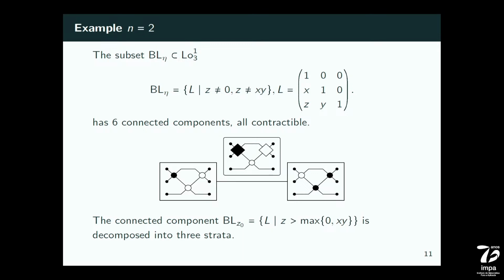Let's say what we have in these connected components, all lower matrix, that z is bigger than the maximum between 0 and xy. And this has 3 strata. But so if you took a matrix, let's say x is 0, y is 0, and z is 1, they are in this set, BL sigma, but they are not in this ancestry of dimension 0.